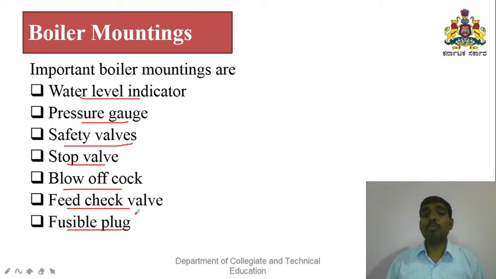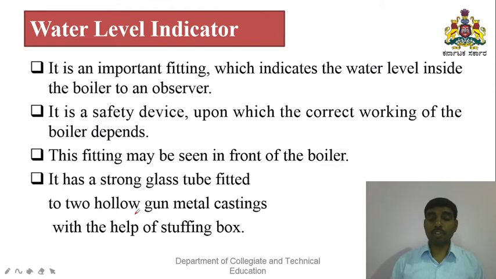These boiler mountings are generally used in each and every boiler for different functions. In the next slides I will explain each individually. You will come to understand what the mountings are and how they help in safe functioning of the boiler. Students, first one, water level indicator.